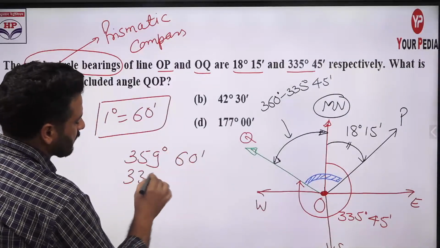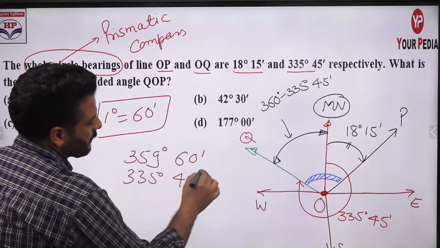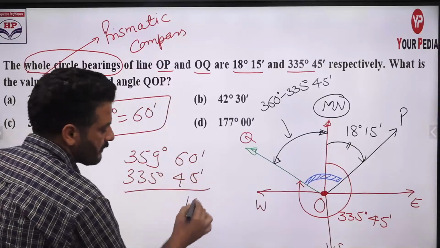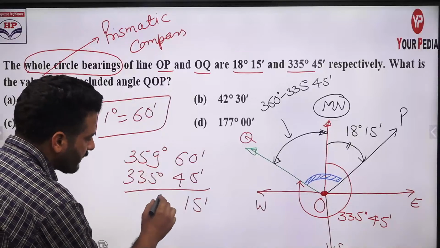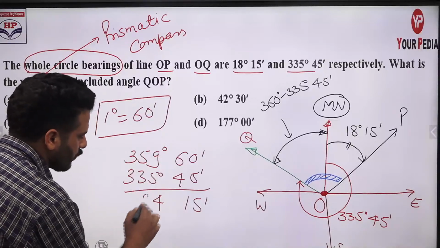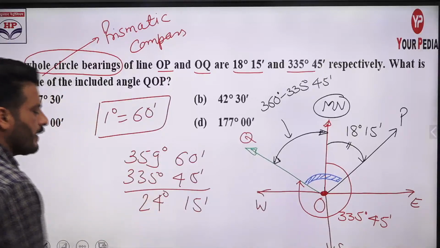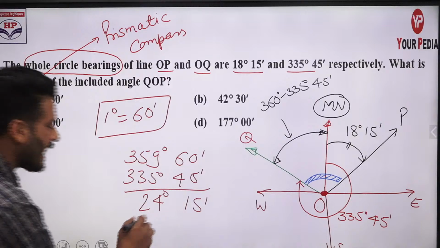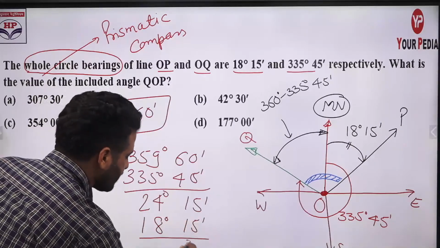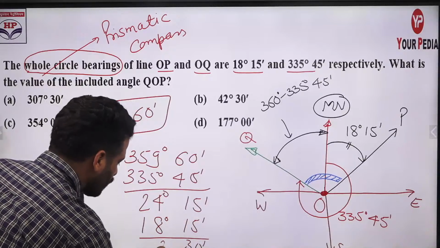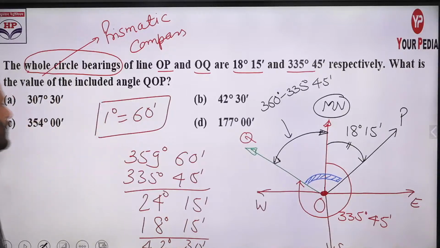Just subtract 335 degree 45 minutes: 60 minus 45, you will get 15 minutes. Fine. And 359 minus 335 is 24 degree 15 minutes. Just add 18 degree 15 minutes to this one, this is your 30 minutes. So this is 242 degree 30 minutes will be the answer.